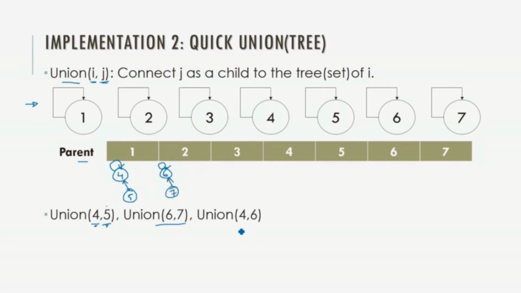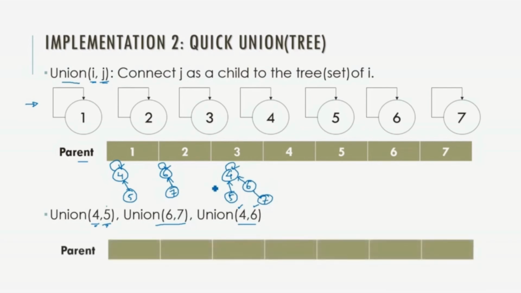Then to perform union 4, 6, 6 will be the child node of 4. The corresponding array operations are very simple. To perform union 4, 5, we have changed the parent of 5, so the parent of 5 will be changed to 4.